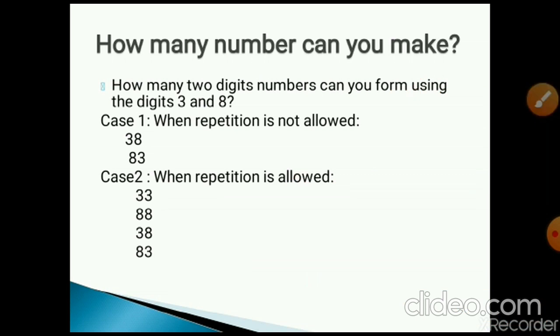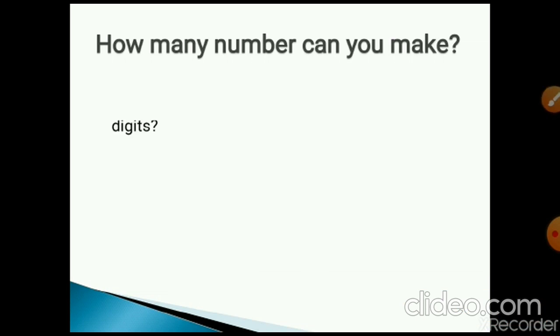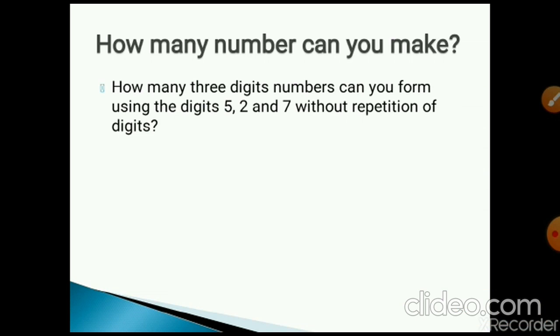So let's take another example. How many three-digit numbers can you form using the digits 5, 2 and 7 without repetition of the digits? Here you have three digits, 5, 2 and 7. What we learned in the last slide, first we will take the first number.